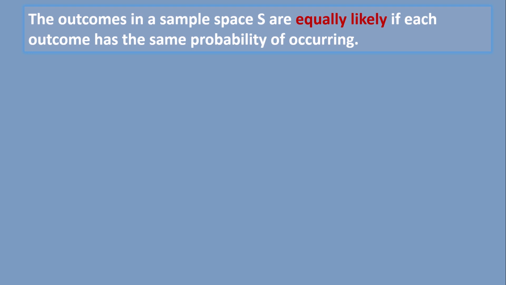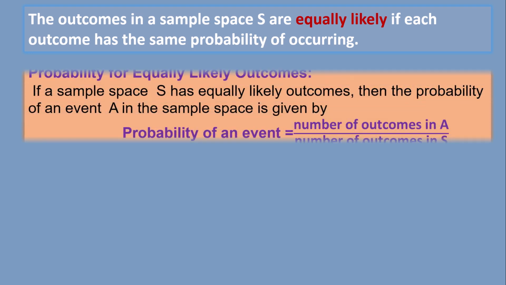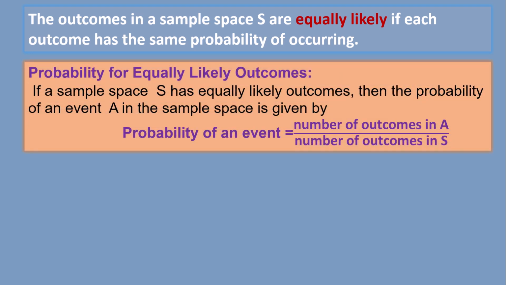Now let me explain how to find the probability of an event. The probability of an event equals the number of outcomes of the event divided by the number of outcomes in the sample space. This is true if a sample space S has equally likely outcomes.